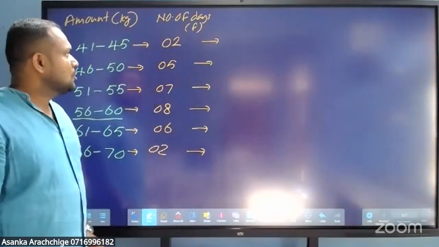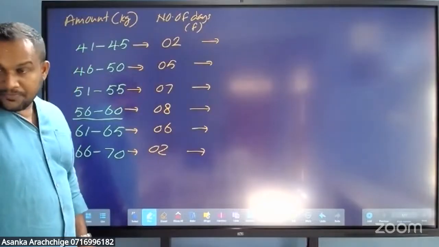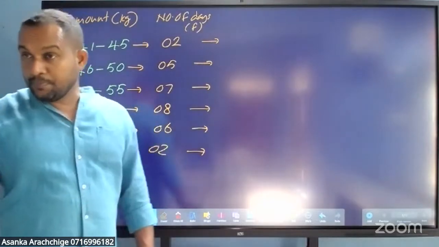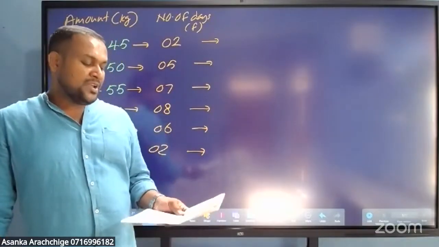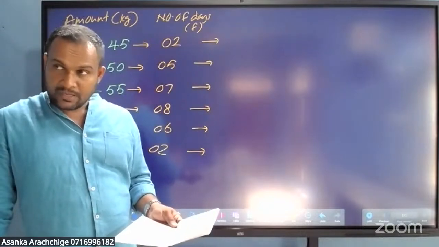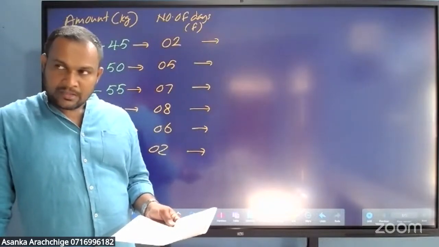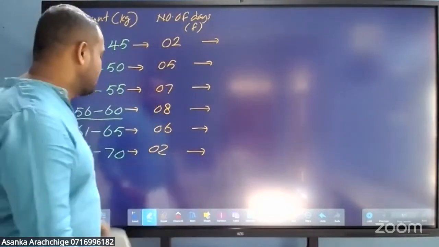Right. So, to find the mean of a group frequency distribution, we need a few more values. What are they? Mid value, assumed mean, and deviation. Let's take mid values.